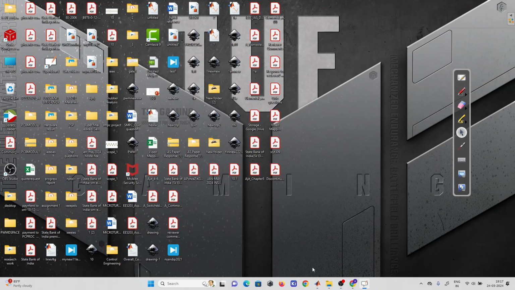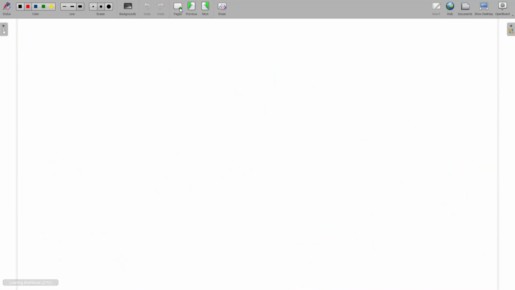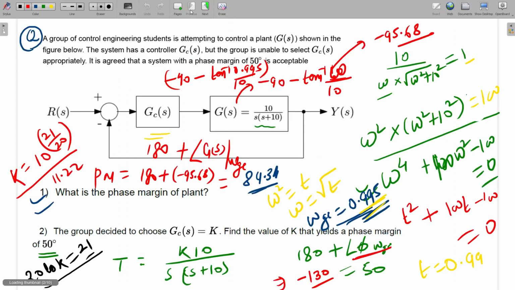One second. So what should be the magnitude at this K value? 10K divided by S into S plus 10. And what is our frequency at this angle, minus 130 degree?